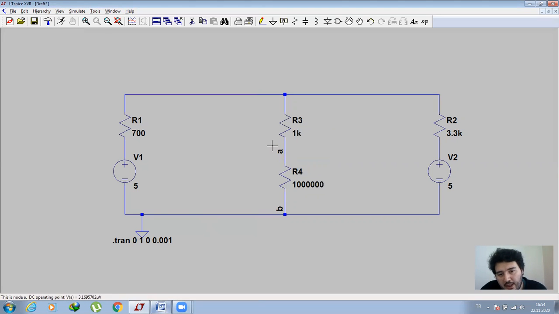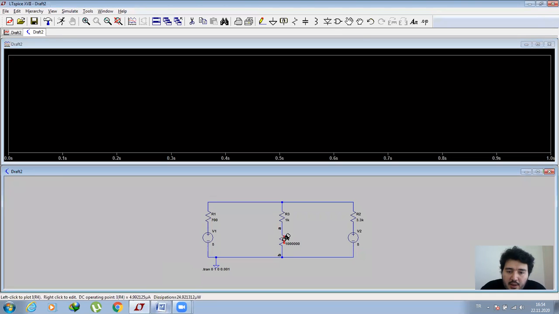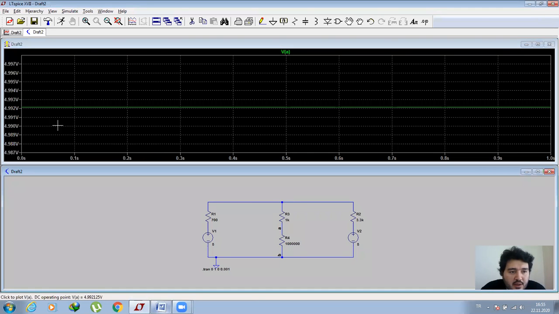I can measure the voltage from here. Run again, and I see my voltage probe and left click. As you can see, 4.99 volt is my open circuit voltage here.